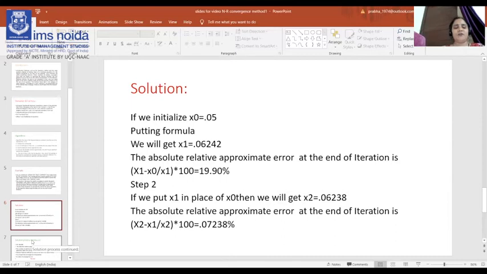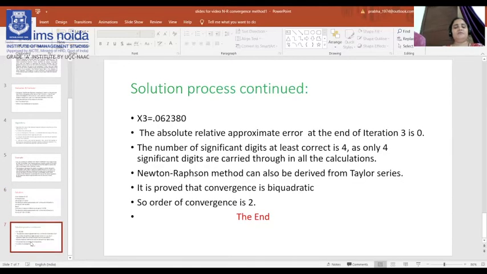That is the percentage you can calculate. In step 2, you put x1 in place of x0 and you will get x2 equal to 0.06238. Now the absolute relative approximate error at the end of the iteration is 0.07238%. After that, if you calculate x3, then you calculate the absolute relative approximate error at each iteration. At the end, when the absolute relative approximate error is 0%, that means this x3 is your answer.